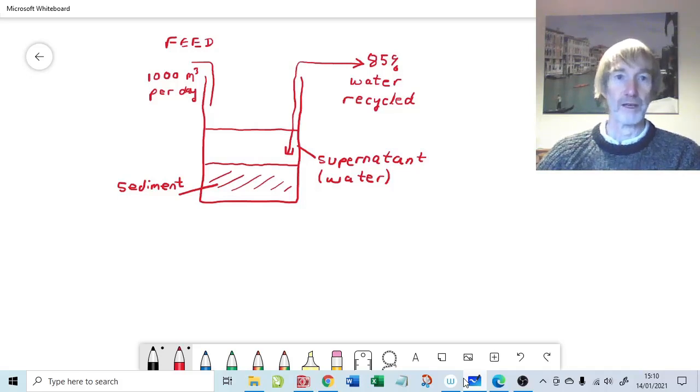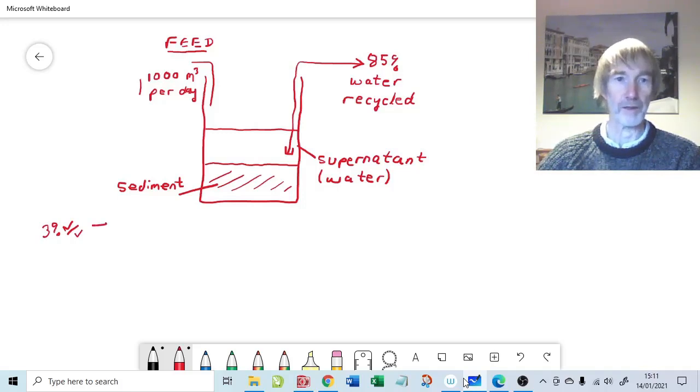We have a feed, or potentially we will have a feed going into a tank, and the feed is 1,000 meters cubed per day of a suspension, and that suspension is 3% by volume going in. So that's volume of solids divided by total volume, 3%.